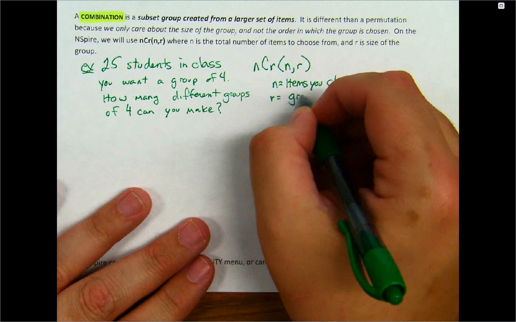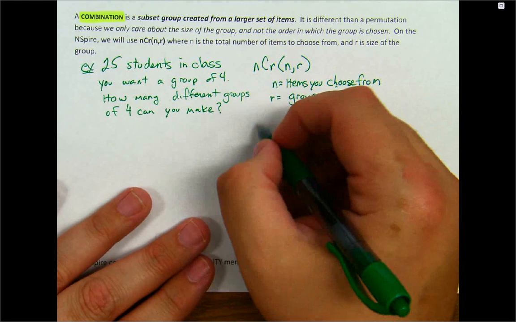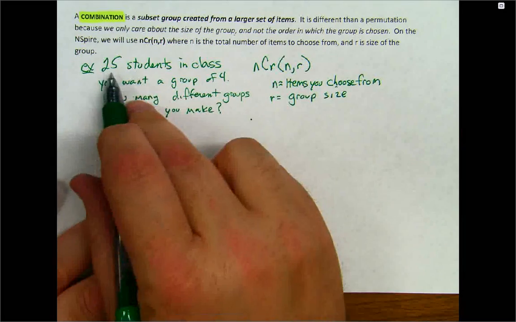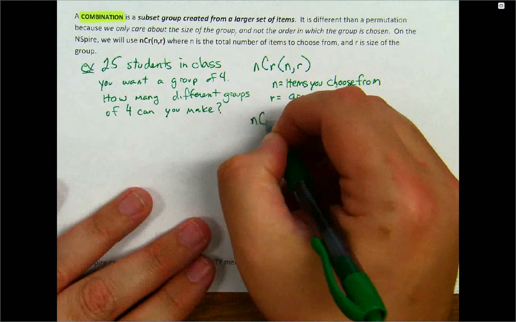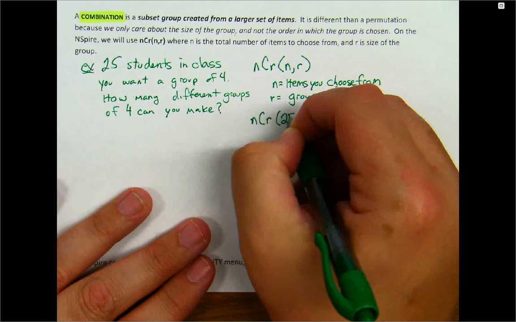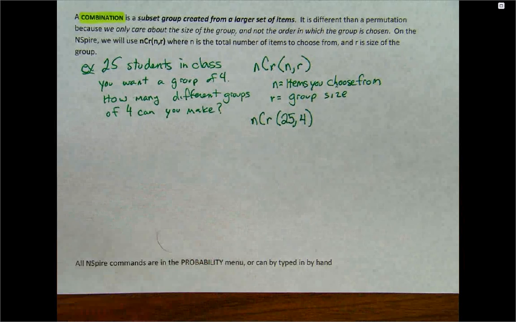So if I have 25 students and I want a group of size 4, I would type into the calculator this, 25, 4. Because that says I need to get a group of 4 out of 25. And this is only getting one group.